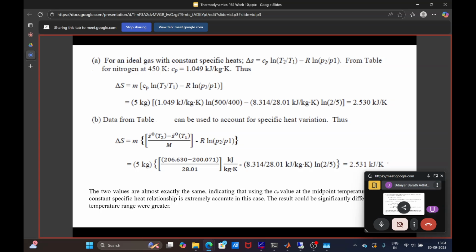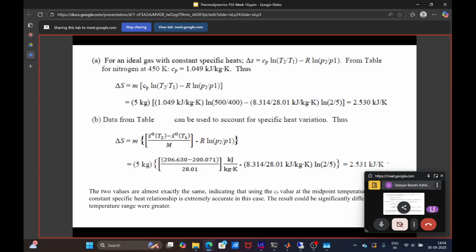For an ideal gas with constant specific heat, we can write delta S as Cp ln T2 by T1 minus R ln P2 by P1. How do we get this? It's ideal gas behavior, so Pv equals RT, with small v the specific volume.